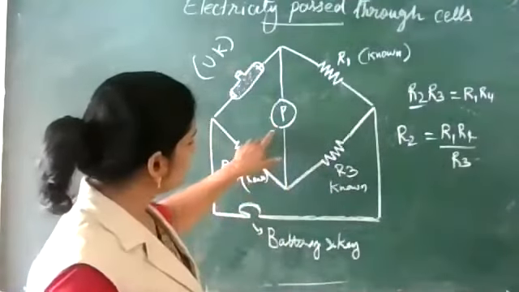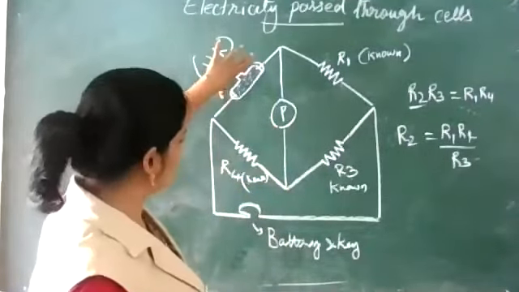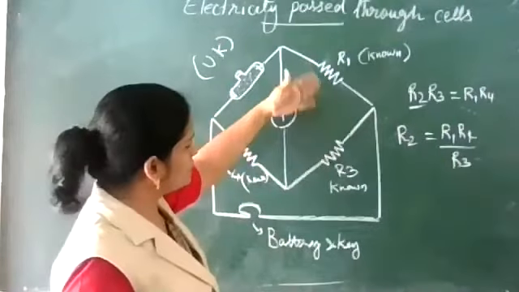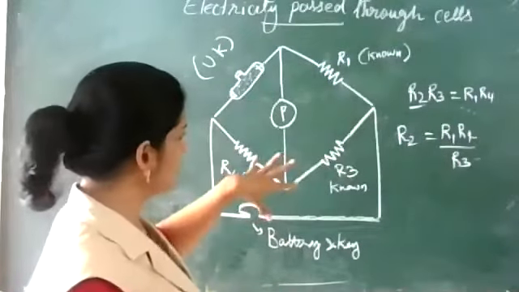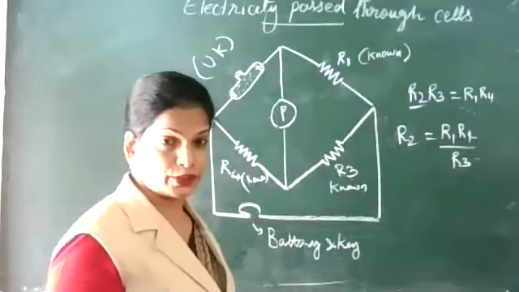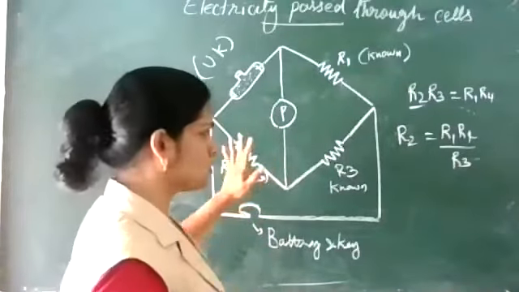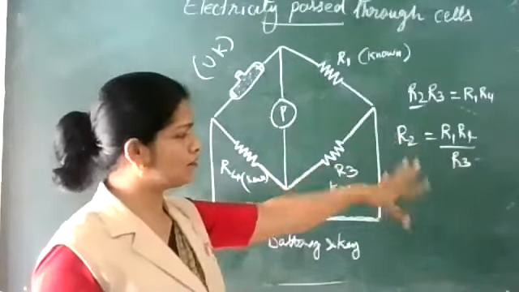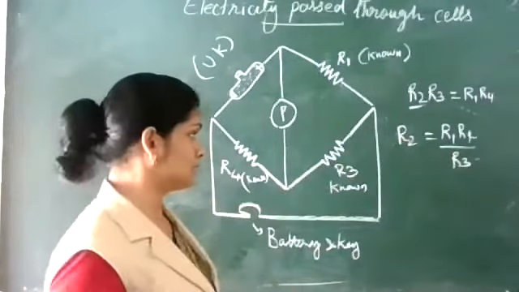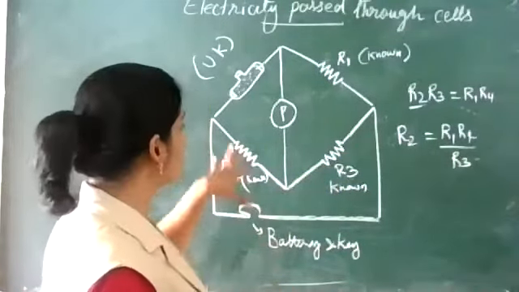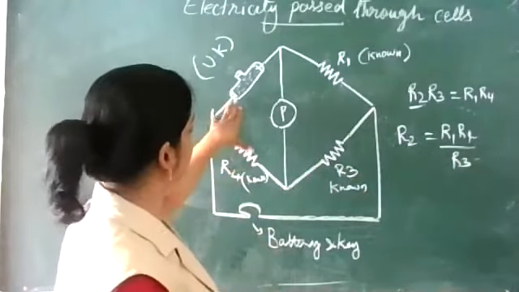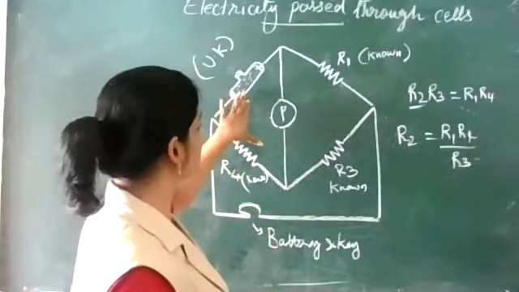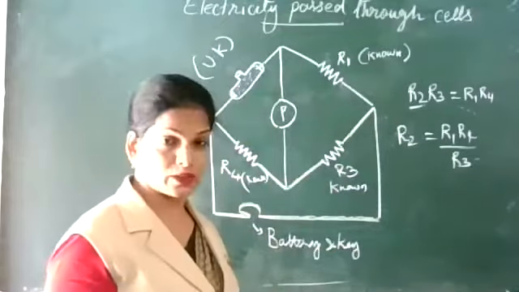Again, you balance this. After fitting the cell, you change R1, R3, R4 so that it reads 0. This is when it is balanced. You can calculate R2 is equal to R1 R4 upon R3. That is how we find the resistance of this electrolytic solution.